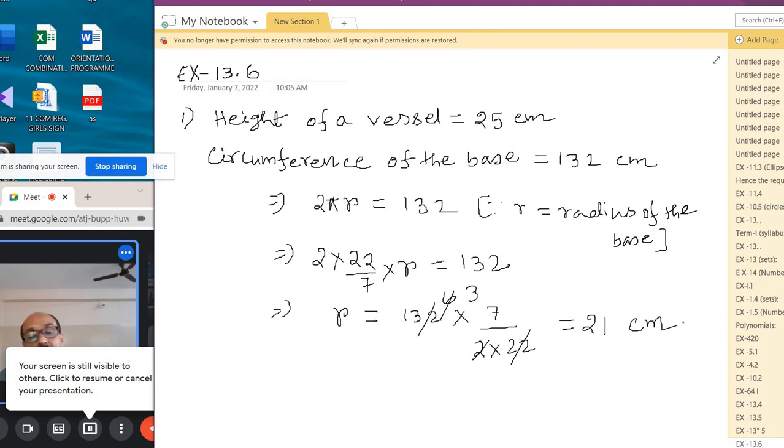Now the capacity or volume of the cylindrical vessel is equal to pi r square h.